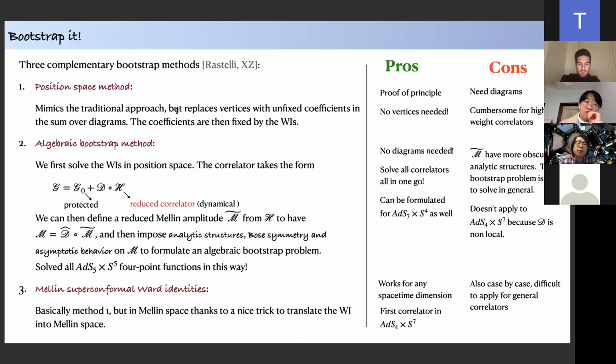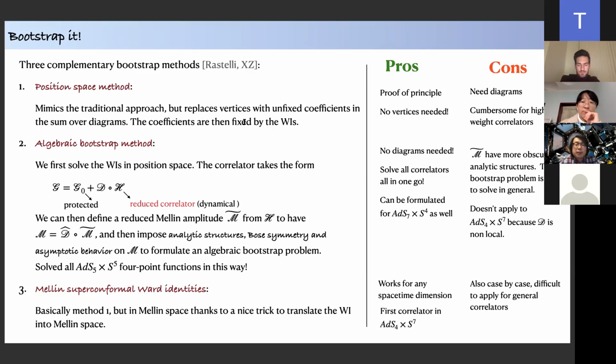So these are all the ingredients I need to introduce and review these bootstrap methods. The first is what we call a position space method. It's really a proof of principle. It's very similar to the traditional approach, but the difference is that we are going to write down an ansatz in terms of all the diagrams that can appear.